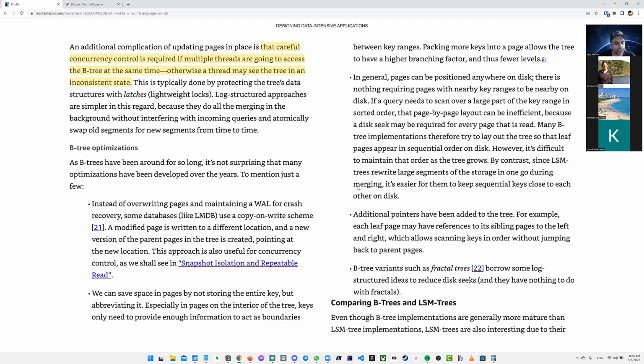Let's say a write resulted in a split at a lower level, right? And that could have a ripple effect. If that gets split, then the parent has to be updated with its new reference, and if that is also full, then that also needs to be split. So it has a ripple effect.